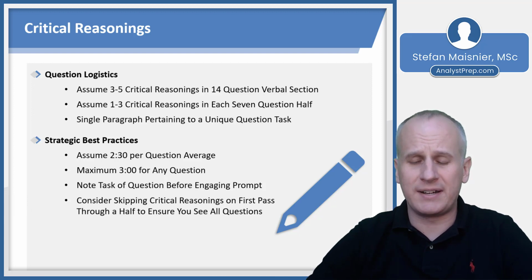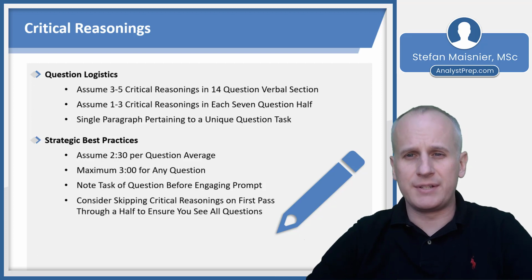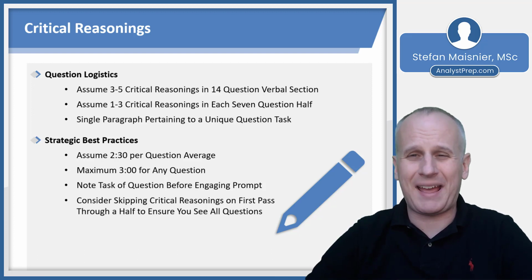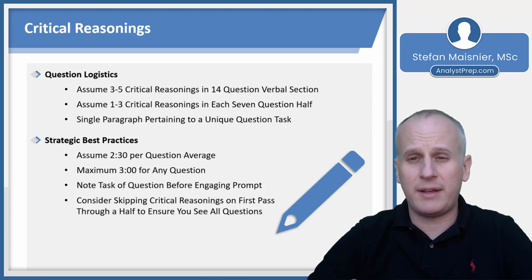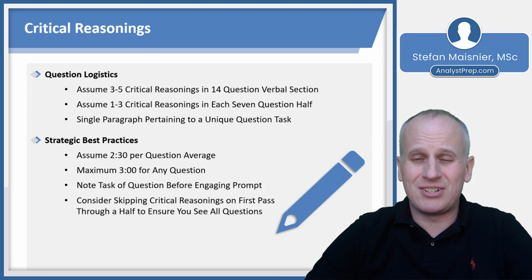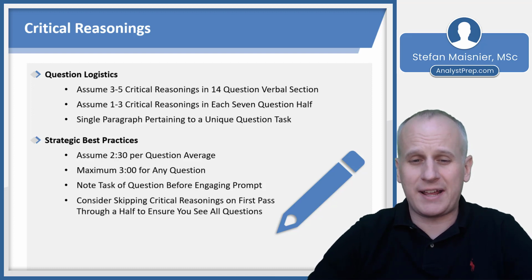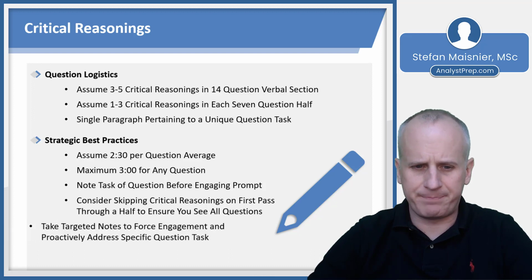And if you recognize that you're not really even understanding what the question is asking, you may want to engage in this tactic of skipping critical reasonings on the first pass through a half, to make sure that you see everything else. And if you have any trouble finishing the exam under the 30-minute time frame for that 14-question verbal section, you may just decide for each 7-question half, I'm going to see everything else first and then come back to the critical reasonings.